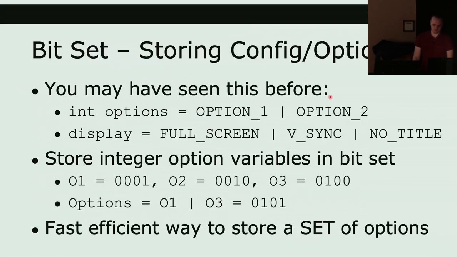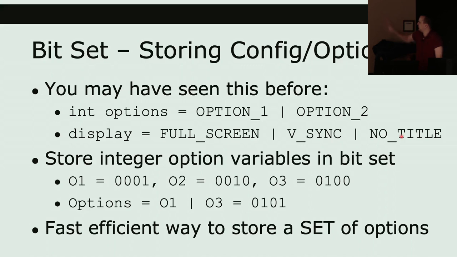But what you may have seen in other programming languages is something like int options equals option 1 or option 2. For example, in lots of graphics libraries, you'll have display options which are like full screen or vsync or no title.